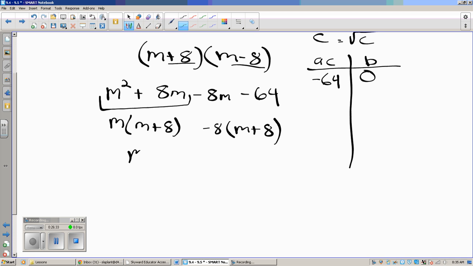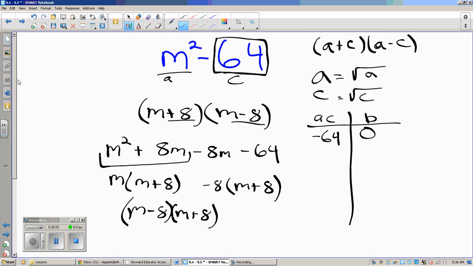So you got m minus 8 times m plus 8. It follows the same process. Or you just know that, since the leading coefficient is 1, you can write it like that, m plus 8 times m minus 8. Or if you just remember, if I have the difference of two perfect squares, I can just put it in terms like that. But it follows the same process.